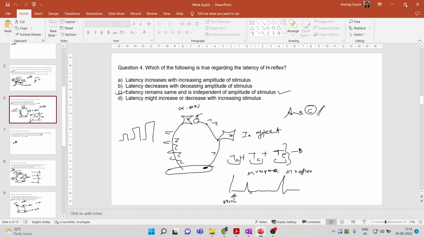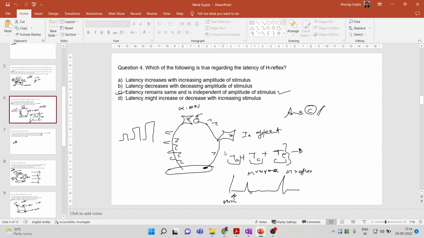So the H reflex, or the Hoffmann reflex, is caused by an external stimulus. The nerve will contain both 1A afferents as well as alpha motor neurons.